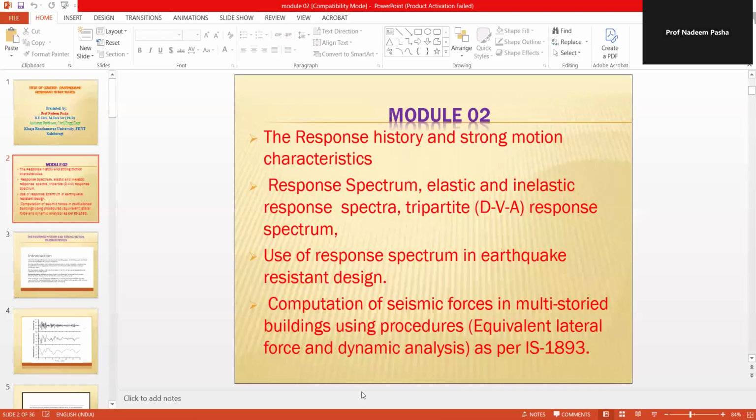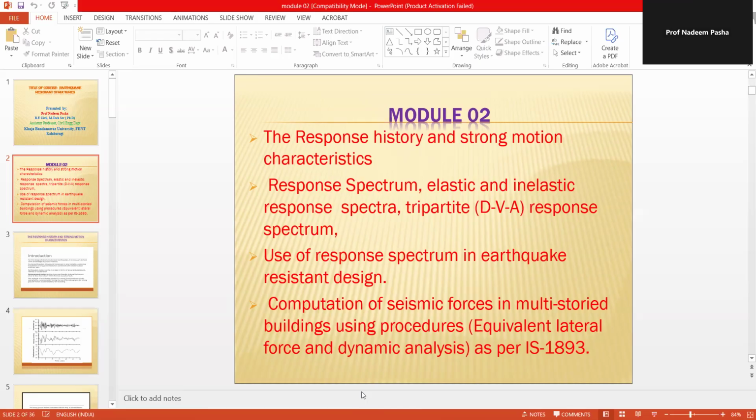So the response history and strong motion characteristics. What are the factors we need to study in this module? Number one is response history and strong ground motion. Response history and strong motion characteristics we need to study.